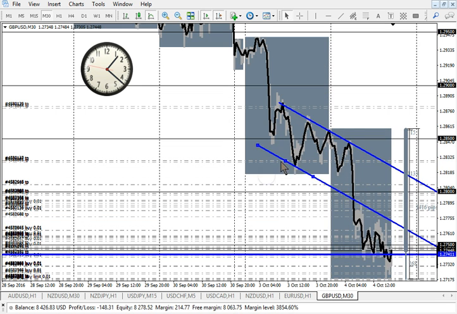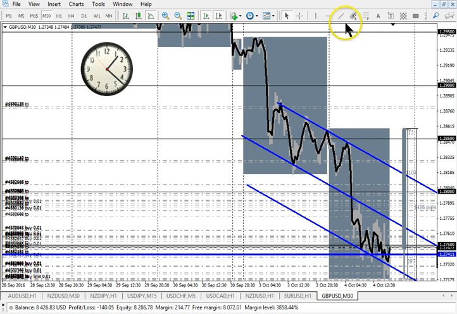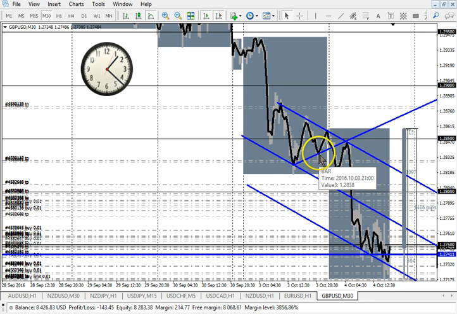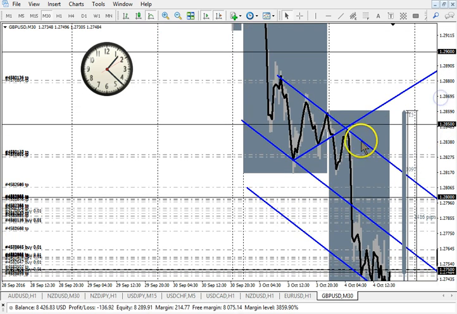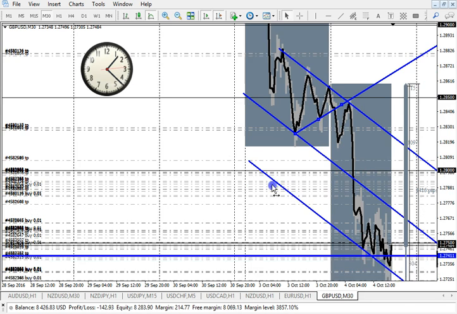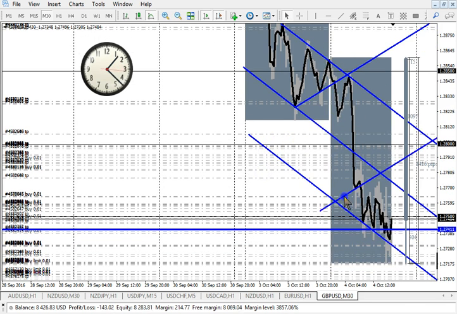I build a channel off that, and then build an Andrews pitchfork off that, and then I would build the bullish failure. So here's where everybody's banking on this. It doesn't hold. It becomes resistance in momentum. So copy this. This is a valid rollover for the way this market behaves.